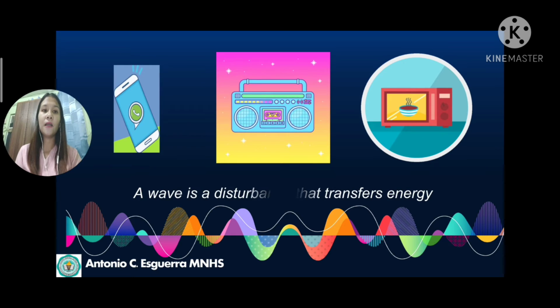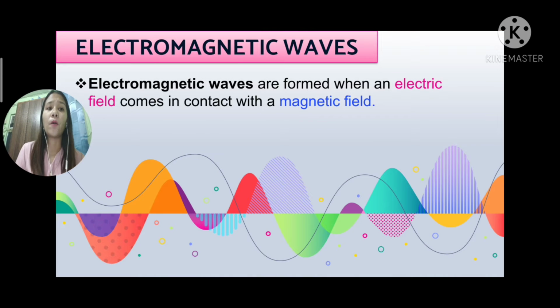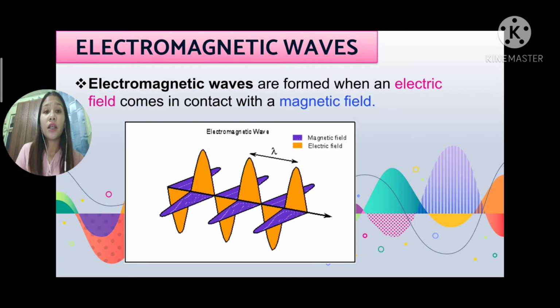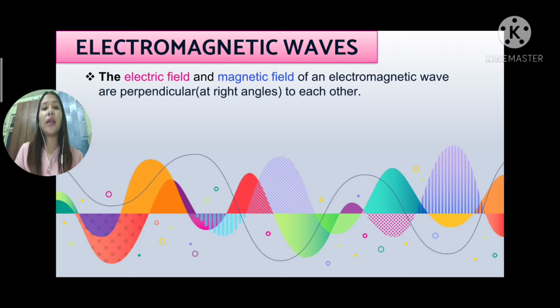Always remember that a wave is a disturbance that transfers energy. Electromagnetic waves are formed when an electric field comes in contact with a magnetic field. Thus, waves combining the electric field and magnetic field form the electromagnetic waves.